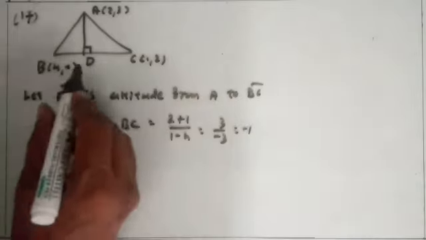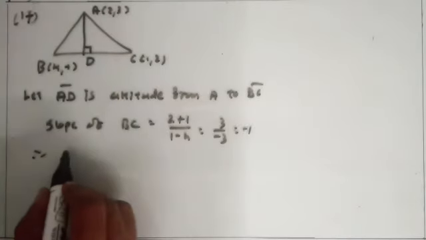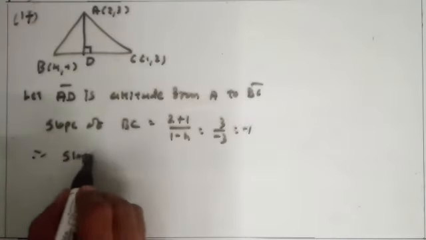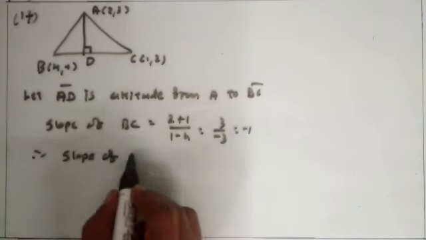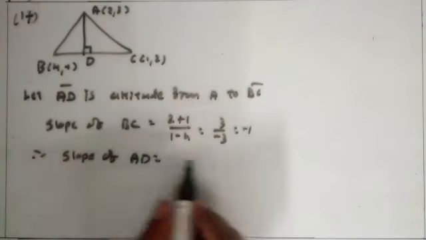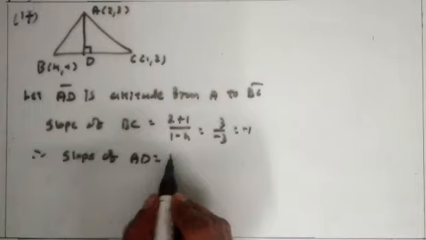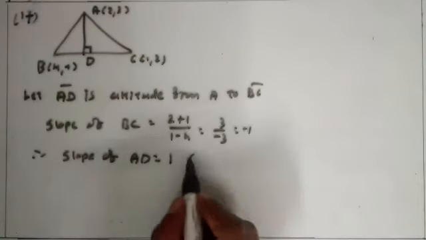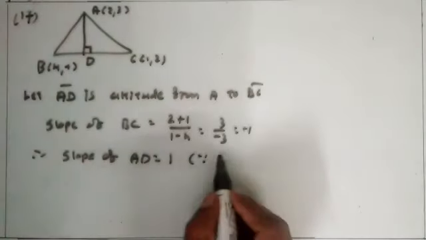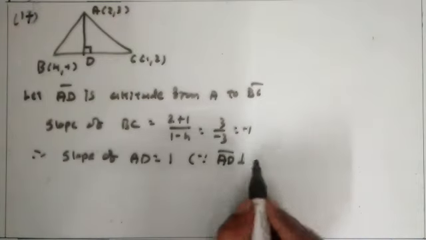Therefore, the slope of AD is the negative reciprocal of the slope of BC, because AD is perpendicular to BC. Clear?